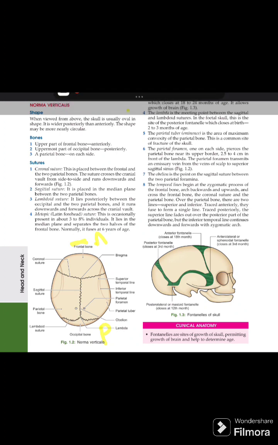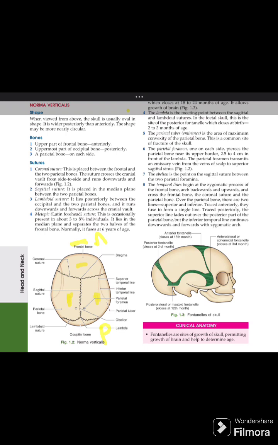Okay, so if we talk about the bones that are present in the Norma verticalis, there is the frontal bone anteriorly. So this bone is called the frontal bone. Then at the uppermost part, two top bones are there, that are the parietal bones.